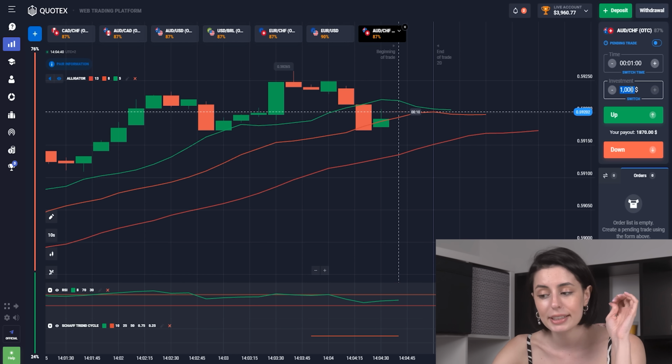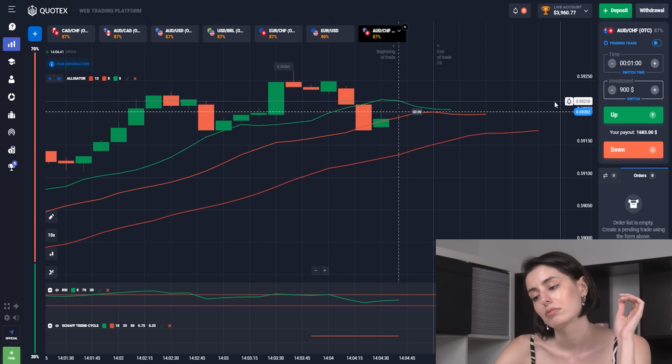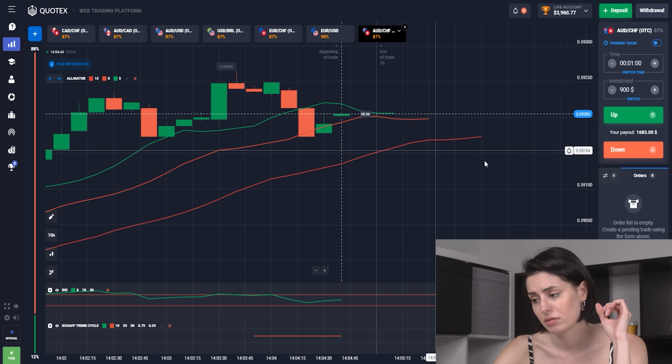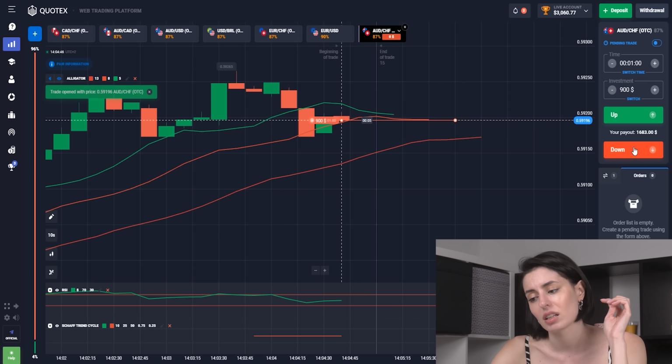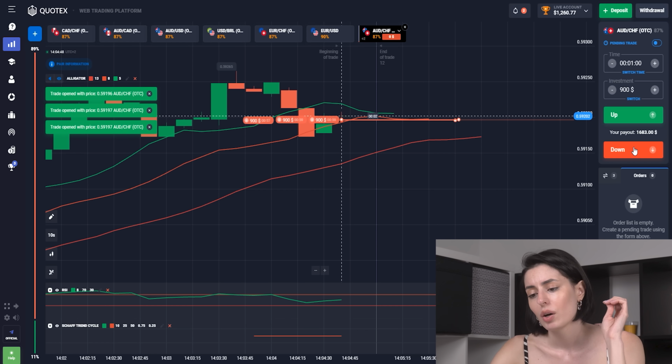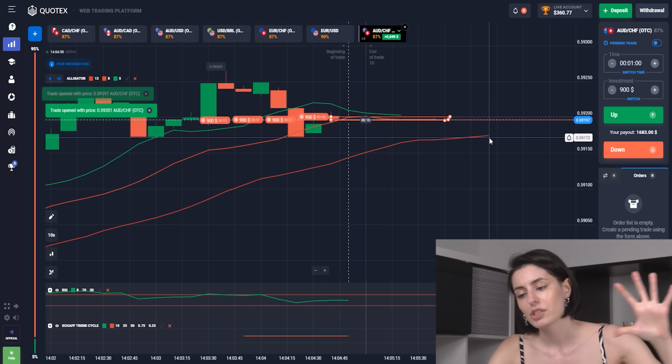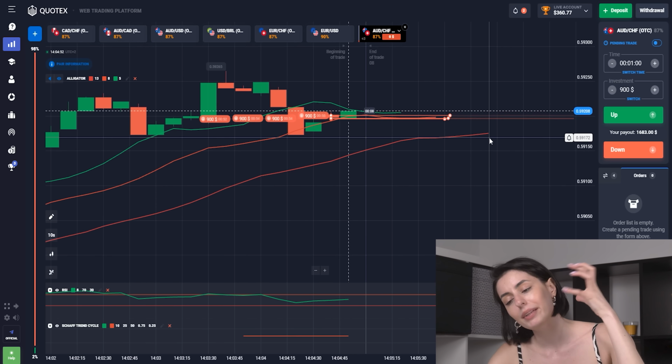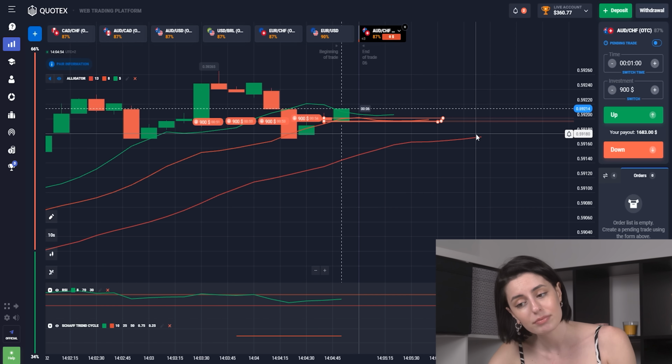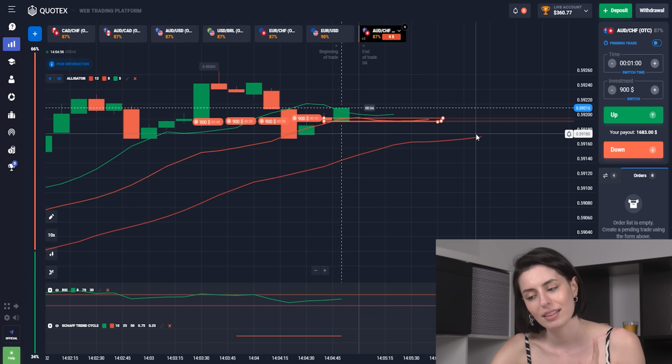I miss ADX. I miss MACD. I miss the stochastic oscillator. What we've actually been detecting right here is a smooth but upward trend. That's kind of hard to see, maybe, but it is.